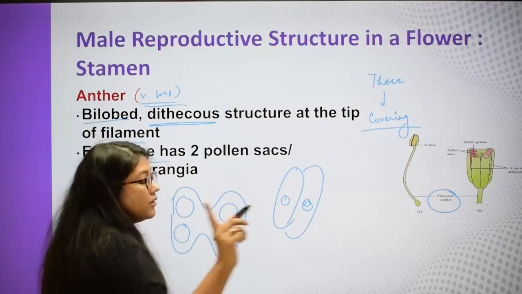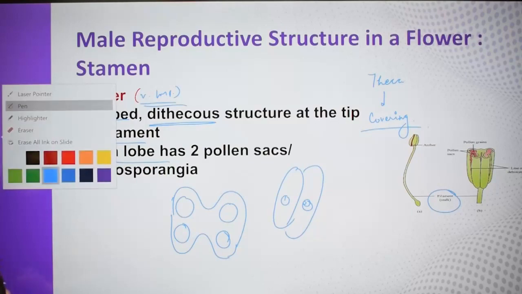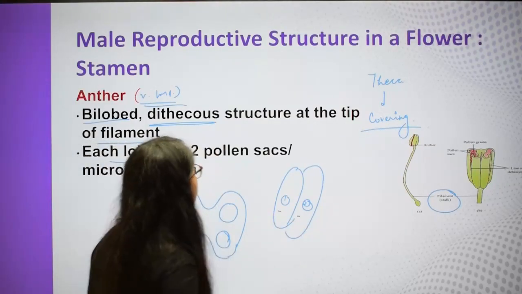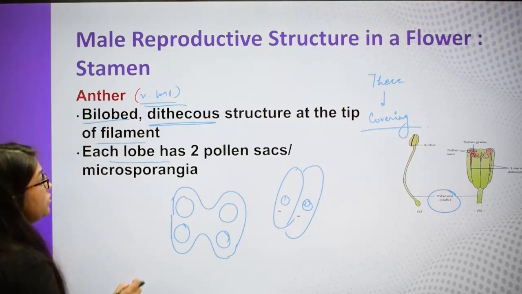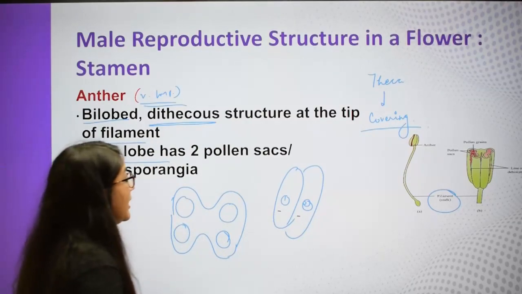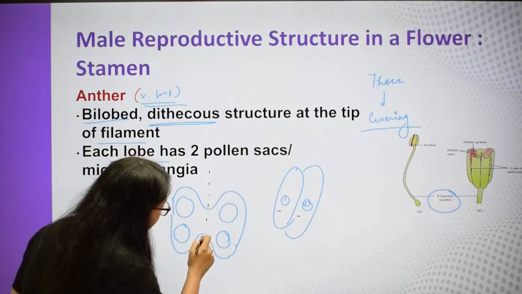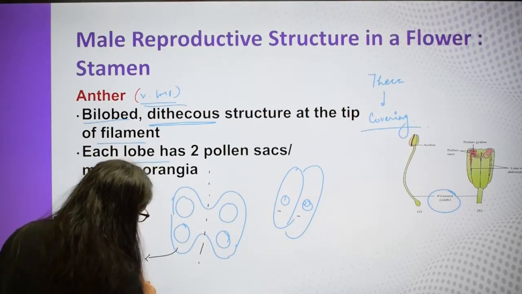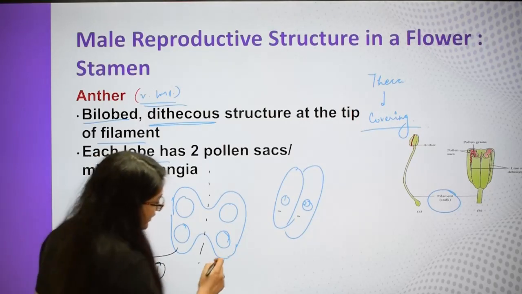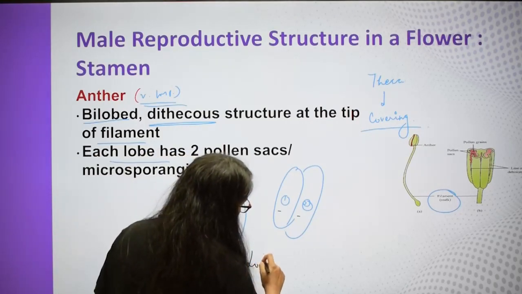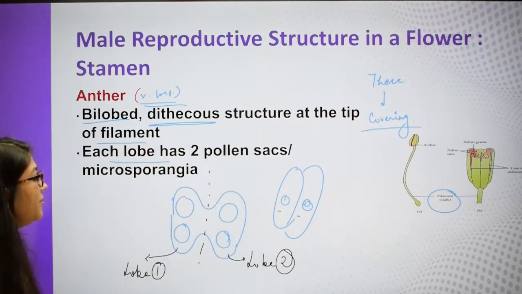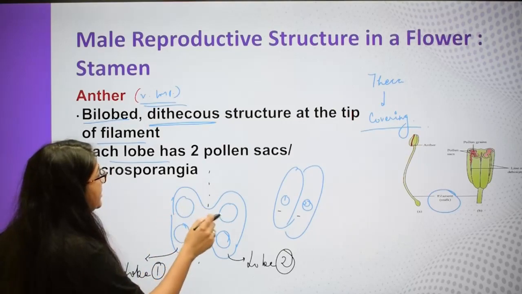Now each lobe, right? What did I tell you? How many lobes does the anther have? 2 lobes. Lobe number 1, lobe number 2. Each lobe has 2 pollen sacs or microsporangia. Look here. This is lobe number 1, this is lobe number 2, right? We can clearly see in lobe number 1 and lobe number 2 these sac-like structures.